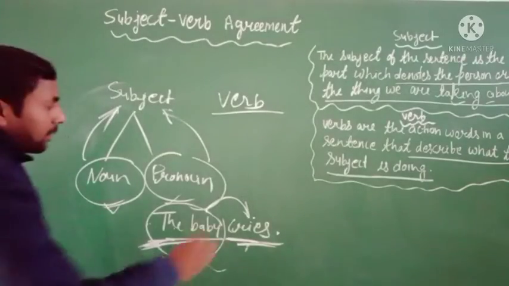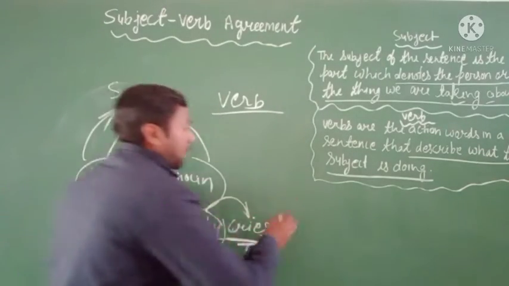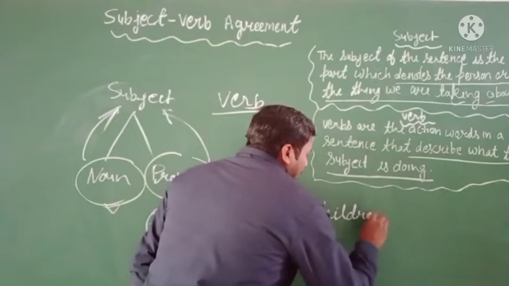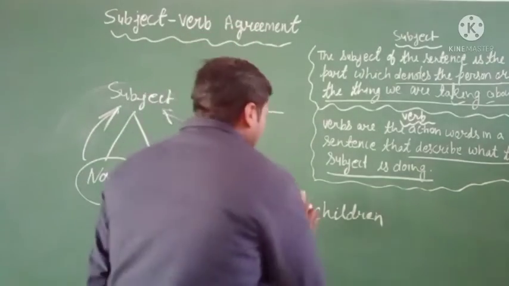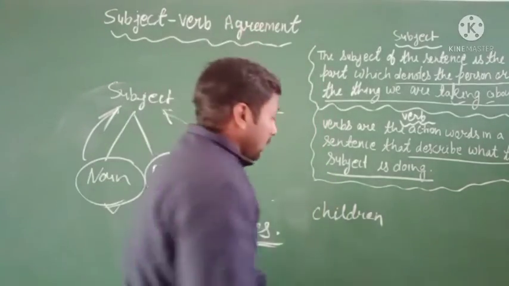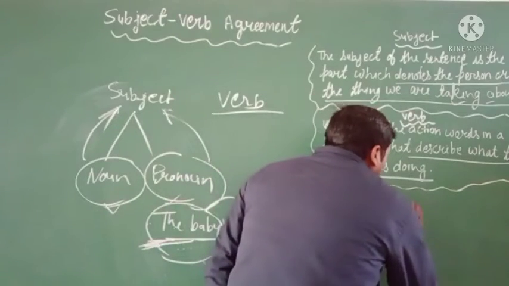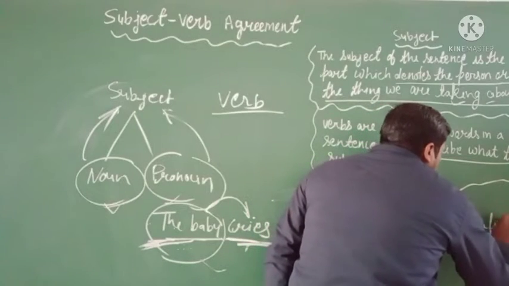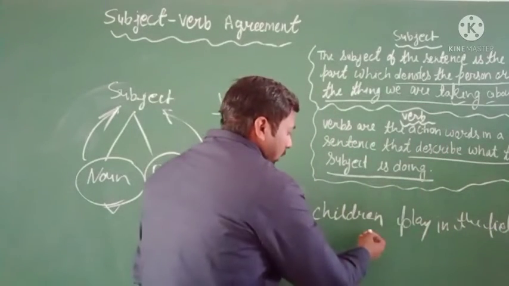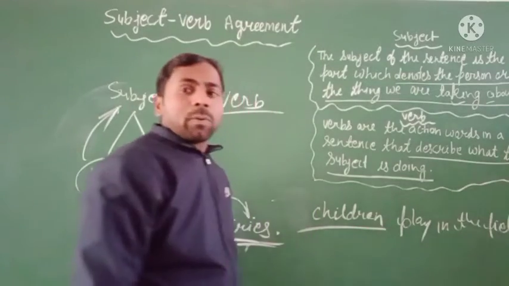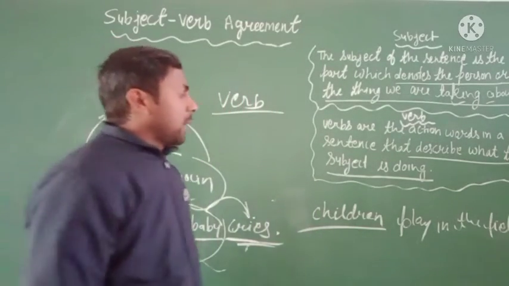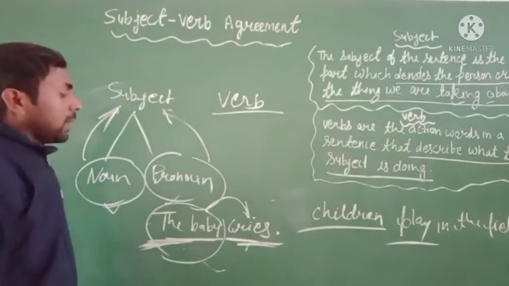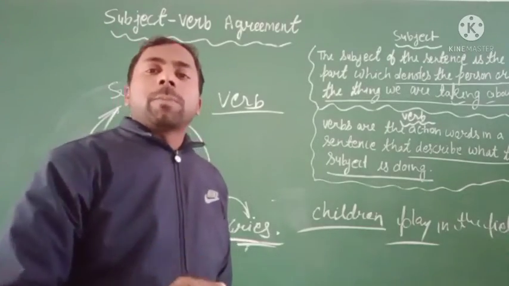If the subject is plural number, for example, the children play in the field. In this example you can see the children is plural number. With the plural number subject the verb will be plural number, and when the subject is singular number, the verb will be singular number.